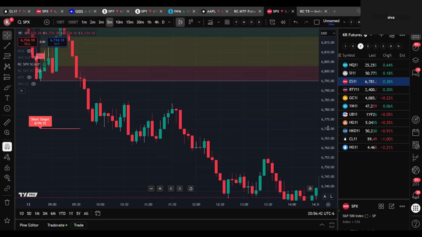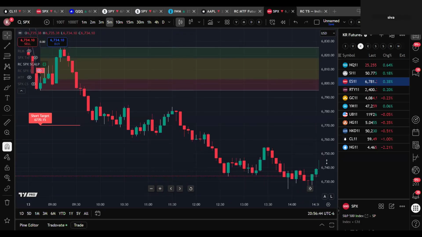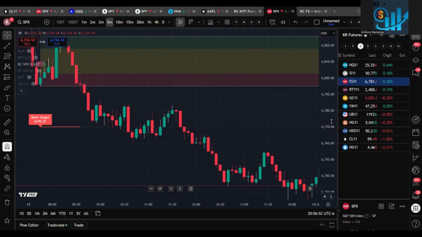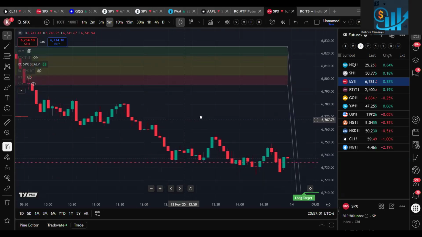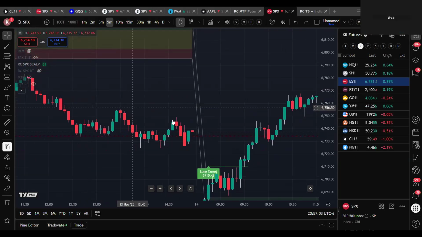This scalp logic is telling more accurately, right? Each one works with a different logic. Tomorrow I'll demonstrate, and if anyone wants to change from SPXCS to this one, I can modify it.